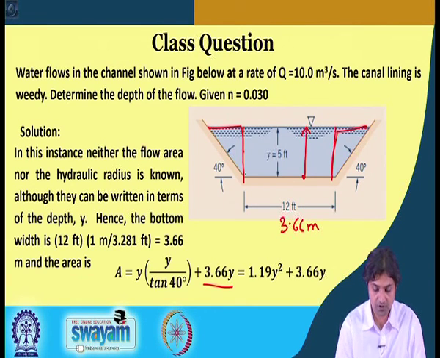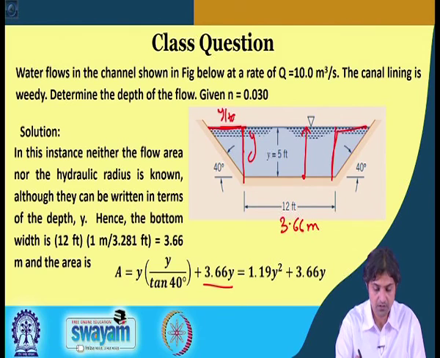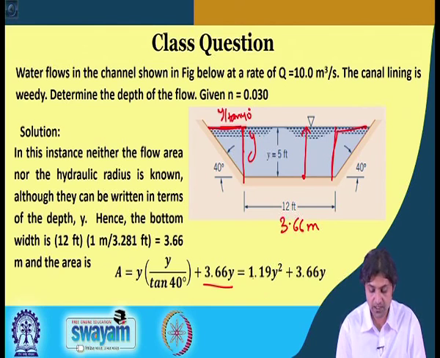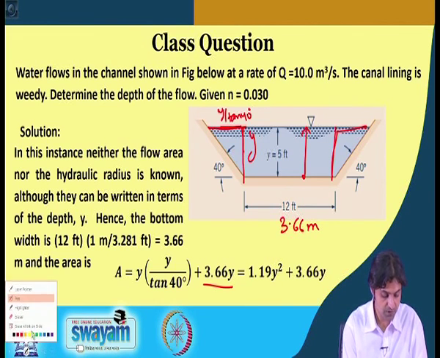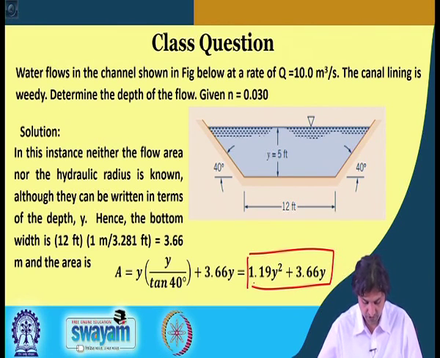These are symmetric, so we can write half plus half is 1. So, y into y by tan 40, because the angle is given to us. In terms of y, the area is going to come as 3.66 y plus 1.19 y square, where A and y are in square meters and meters respectively. All right. We have assumed it in terms of meters.